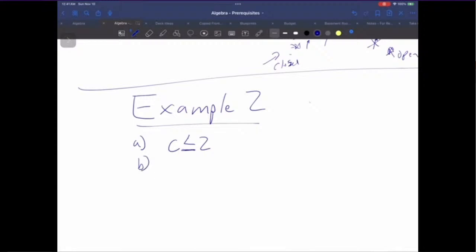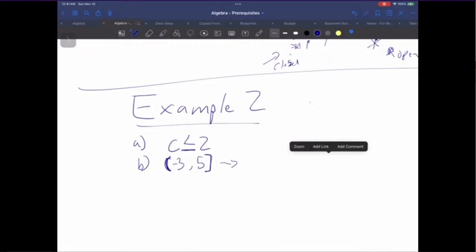Okay. B, all x in the interval -3, 5, exclusive on the left side and inclusive on the right side. So they're saying this interval, exclusive of -3 and inclusive of +5. How would we represent that?